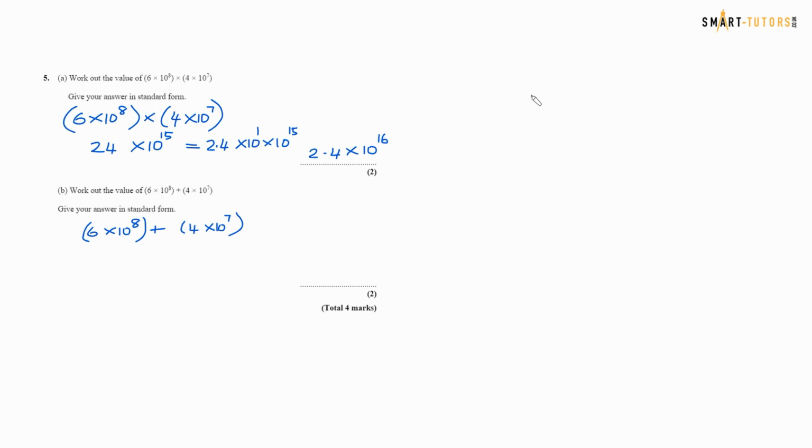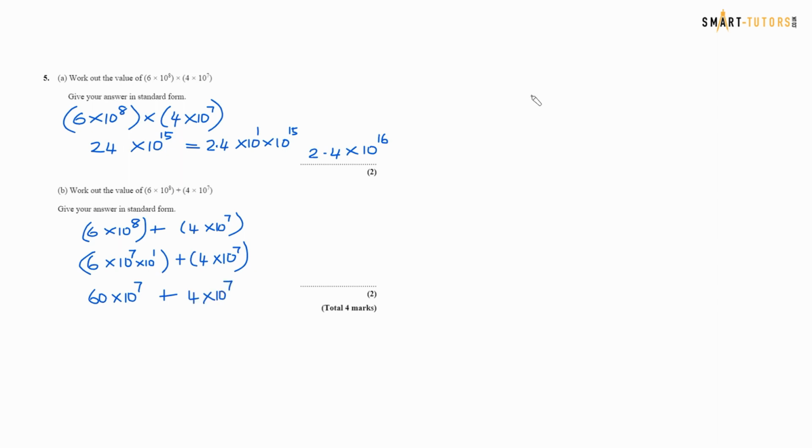So 10 to the power 8 can be split into 10 to the power 7 and 10 to the power 1, so 6 times 10 to the power 1 times 10 to the power 7, plus 4 times 10 to the power 7. So 10 to the power 1 times 6 is 60 times 10 to the power 7 plus 4 times 10 to the power 7.